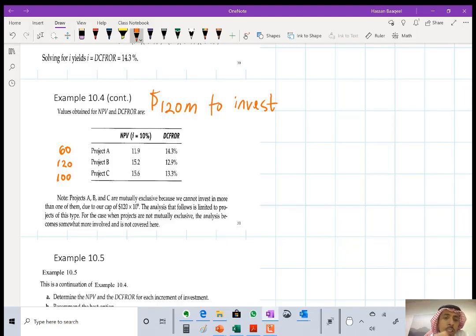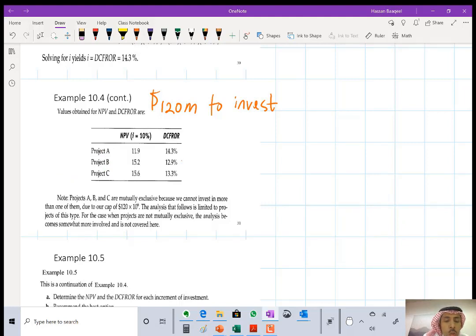So you would not be able to select multiple projects. All you can do here is select one, and this is what they call mutually exclusive. So you cannot choose more than one. If I take NPV, the one I would select is C. If I take the discounted rate of return, the one I would select is A. Well, this is really confusing because I don't know which one to go with.